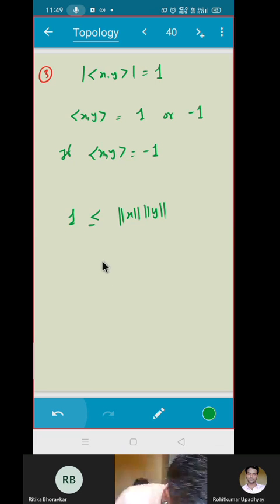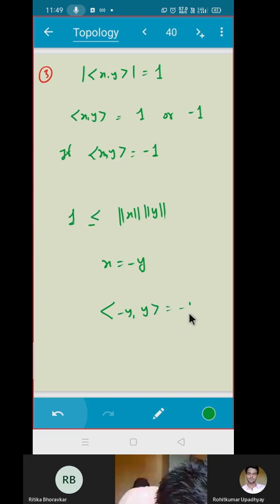Or one more case, if you take x equal to -y, then what do you think here? If you take x equal to -y, what do you think here? The left hand side would be inner product of -y comma y, that is -1. That means what? Minus of norm y squared equal to -1. That means norm y equal to 1.